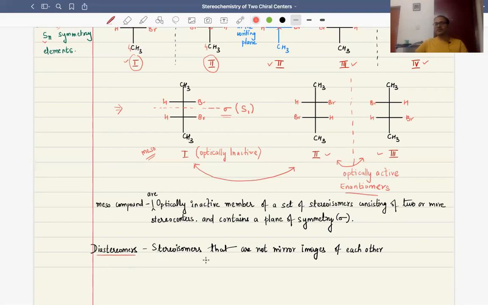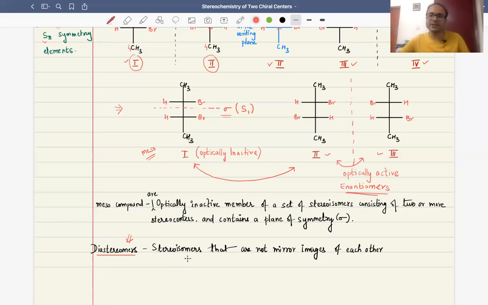So diastereomers are nothing but stereoisomers that are not mirror images of each other. Okay. So those stereoisomers which are non-superimposable mirror images of each other are called enantiomers. However, stereoisomers that are not mirror images of each other are called diastereoisomers.